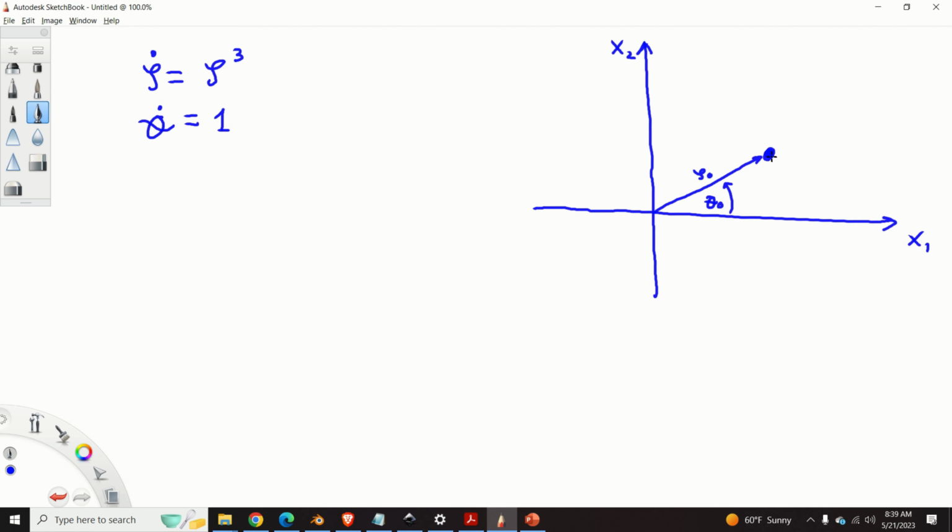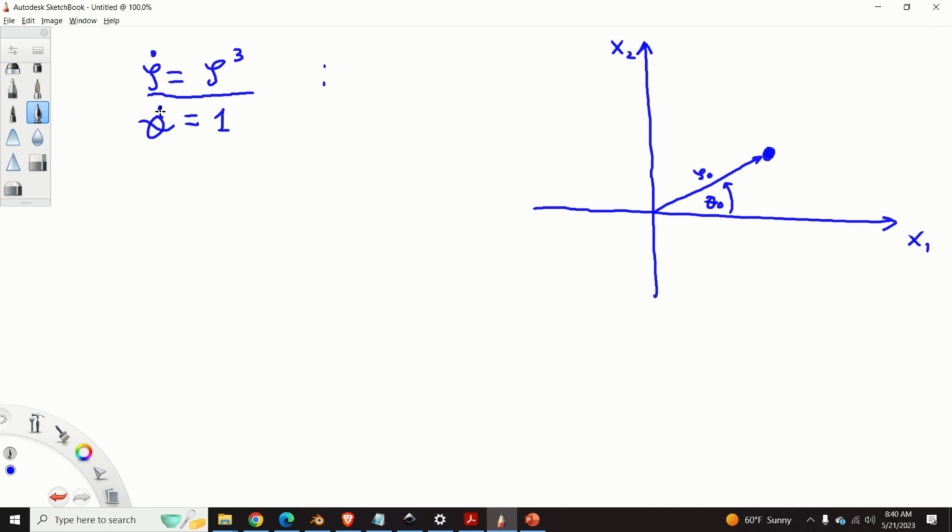This is our initial condition, and we want to see how the state trajectories will evolve from this point. Obviously, rho is always positive since the radius is always positive. So this first equation, since rho is positive, will tell us that rho dot will always be positive. This means that rho will increase over time.